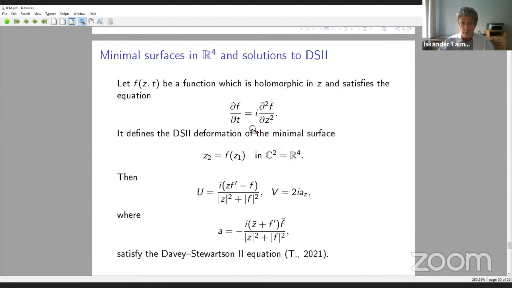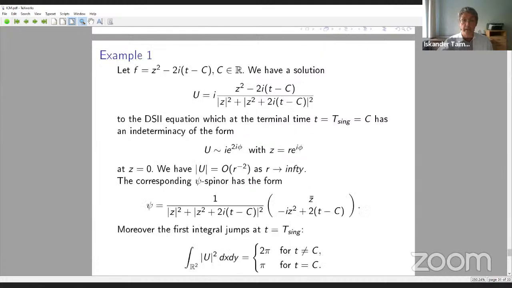It has to move. So for moving it, we have to assume that f depends on the parameter t and satisfies this equation, df over dt equals i times the square root of the squared derivative of f in z. And then after the Möbius transformation, we get this potential, which again satisfies the Davey-Stewartson equation. There are a couple of examples. For instance, this one, starting with f equal to z squared minus 2i(t minus c), where c is real.